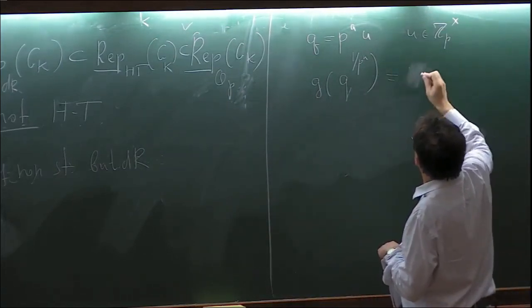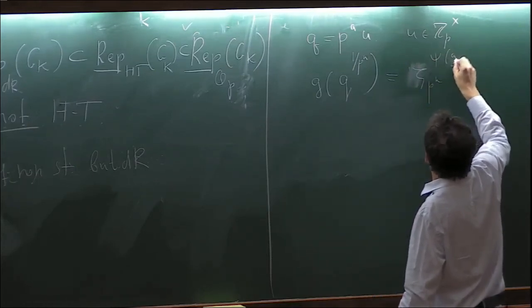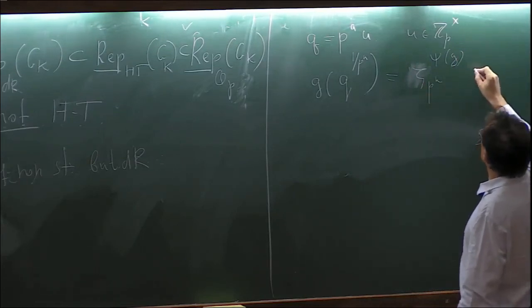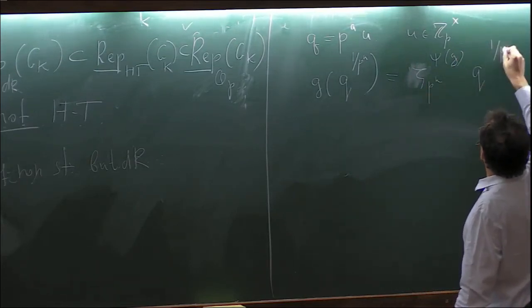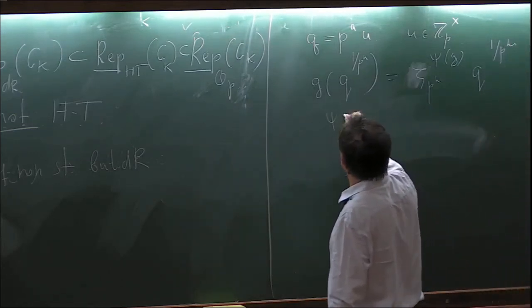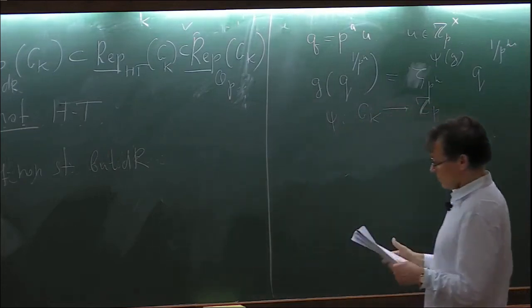So this action is given by some map psi, which is a map from G_K to Z_p.